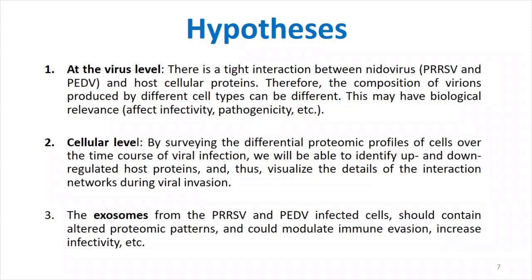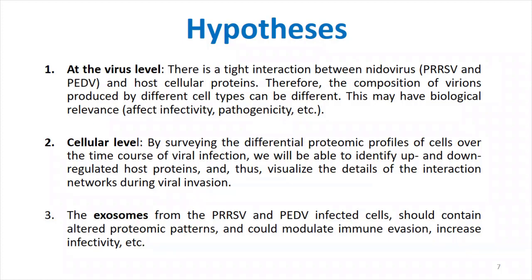In other words, I believe that the same, genetically identical virus produced by different cells can have different pathogenicity and infectivity. At the cellular level, because viruses use cellular machinery, it could be expected that both viruses up- and downregulate several host proteins, and knowing these dynamics will help us better understand the virus-host interaction and maybe find new targets for antiviral control.